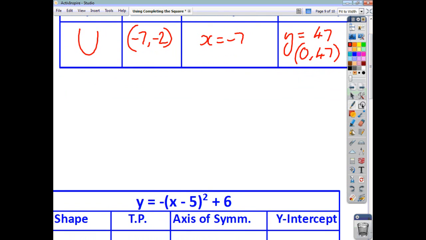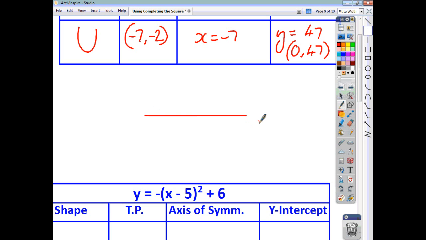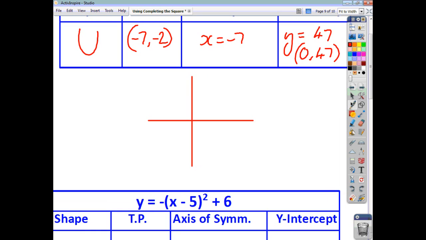Let's sketch what we know. So throw our x-axis, throw our y-axis. Turning point negative 7, negative 2, so it's going to be there. Our y-intercept is going to be there.